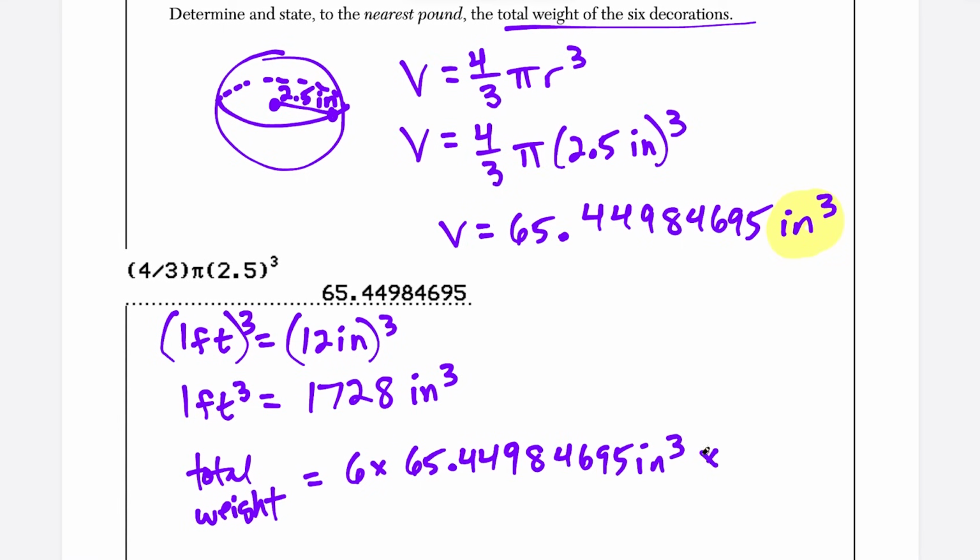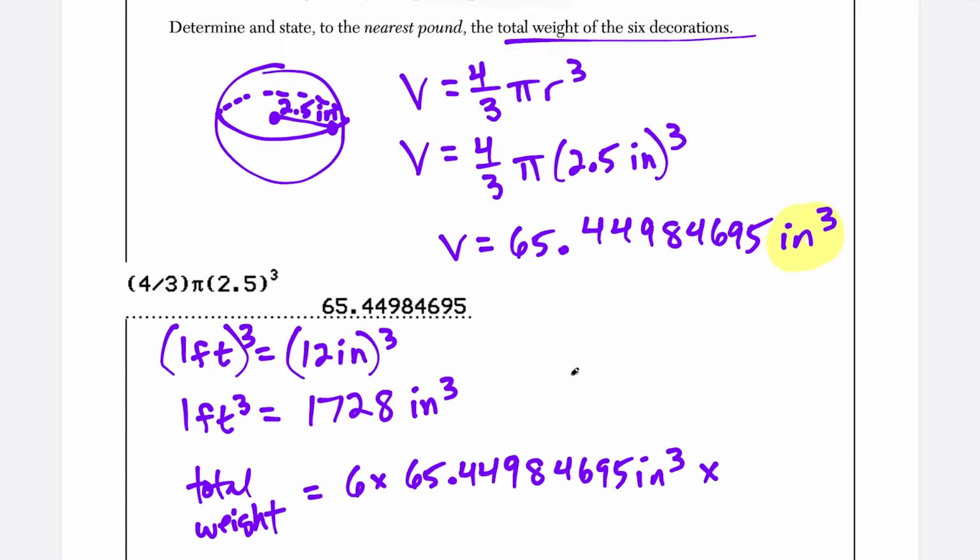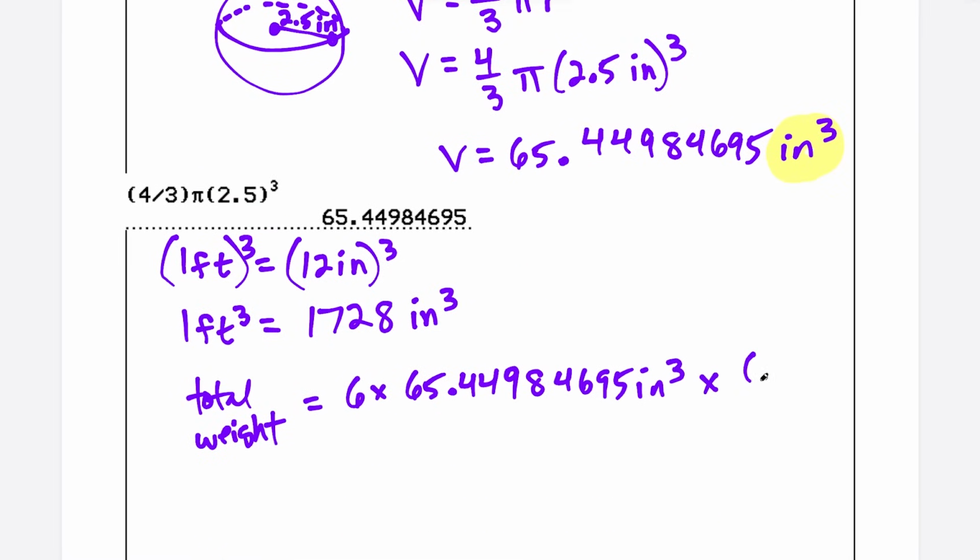But when I multiply by the density, which was 68 pounds per cubic foot, I'm not going to write 68 pounds per cubic foot. I'm going to replace cubic foot with 1728 cubic inches, because 1 cubic foot equals 1,728 cubic inches. I am just making that substitution so the units actually cancel out. That's a very important detail.